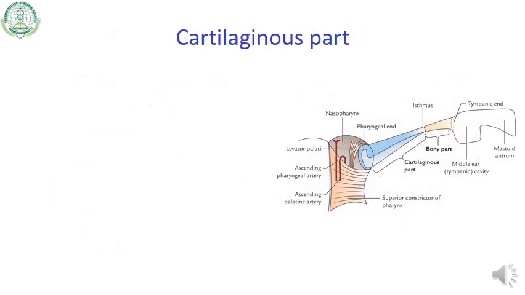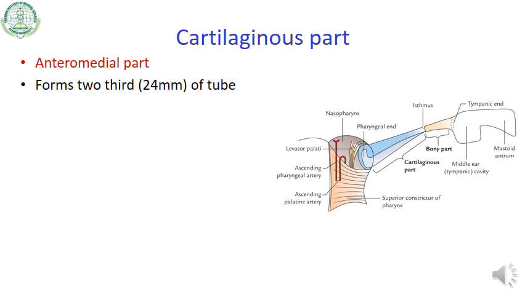Now coming to the cartilaginous part. The cartilaginous part lies anteromedially. It is about 1 inch long and lies in sulcus tubae. What is sulcus tubae?